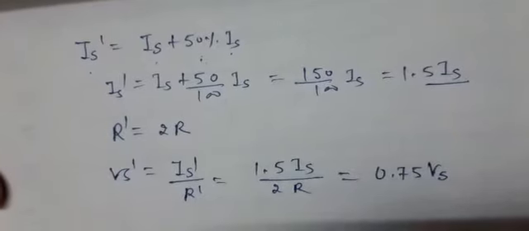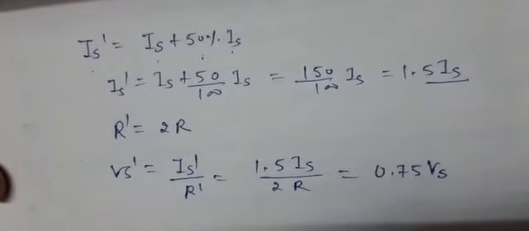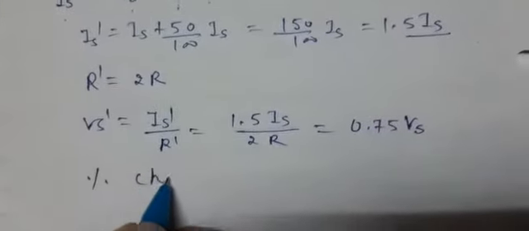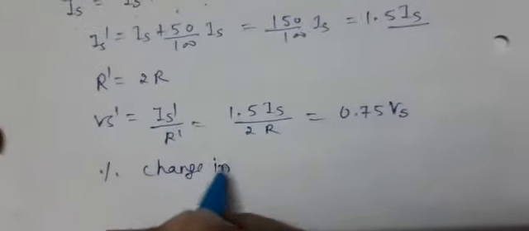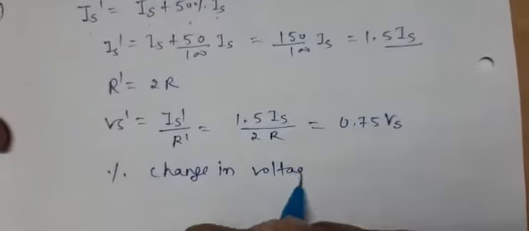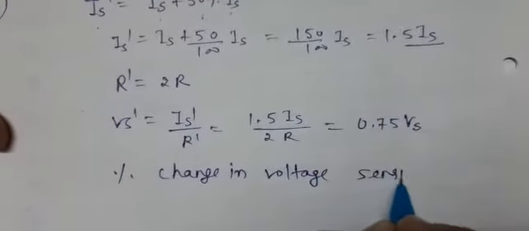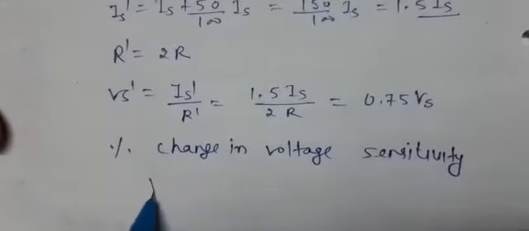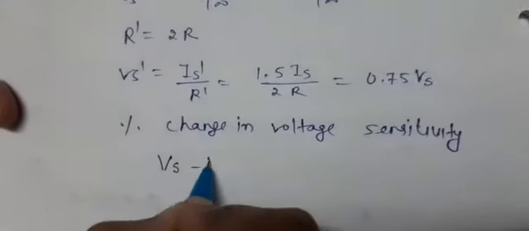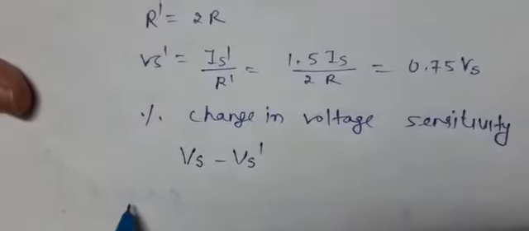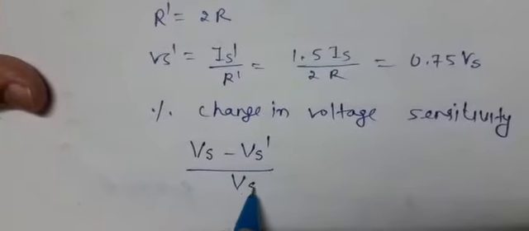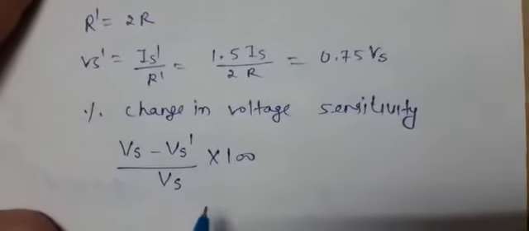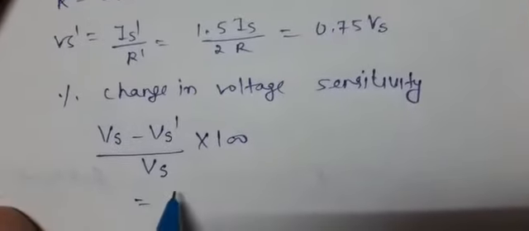Now by what factor does voltage sensitivity change? So here, percentage change in voltage sensitivity will be, let the initial one be VS and the changed, that is new one, be VS dash, divided by the initial value multiplied by 100. This is the method by which we can calculate the percentage change.